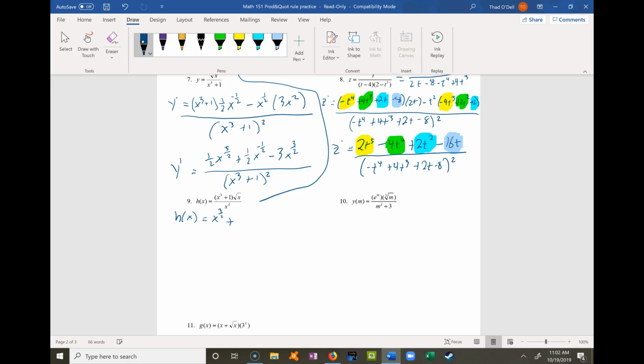And x to the 1/2 divided by x squared, that'd be x to the negative 3 halves. So I distributed this there and then distributed the divide by x squared. So h prime of x would be 3 halves x to the 1/2 minus 3 halves x to the negative 5 halves.